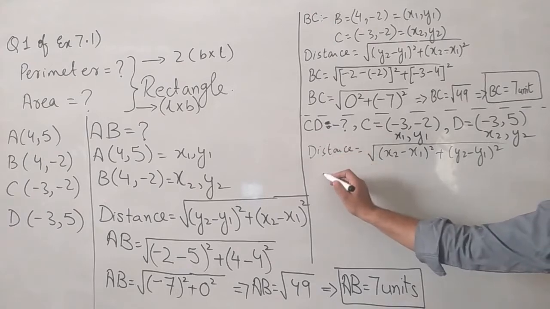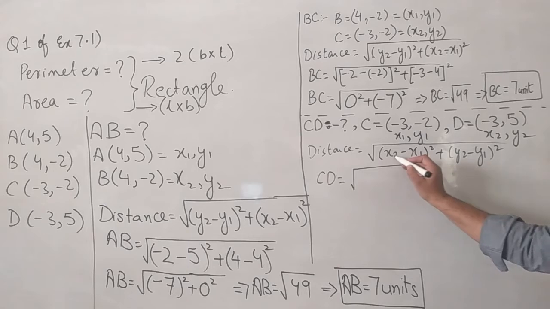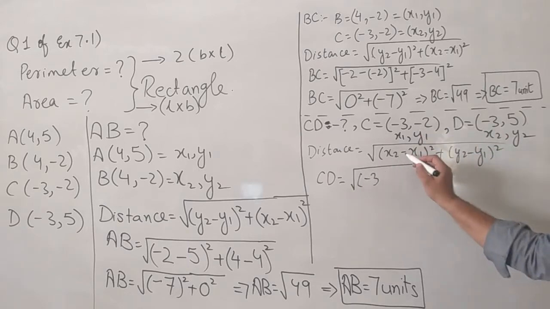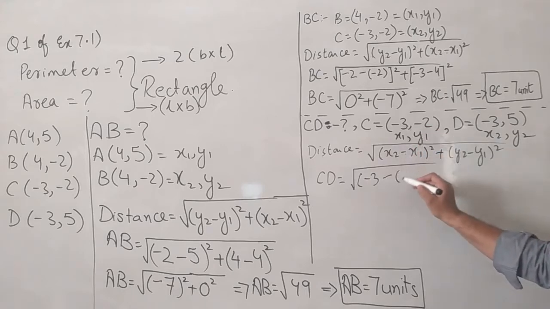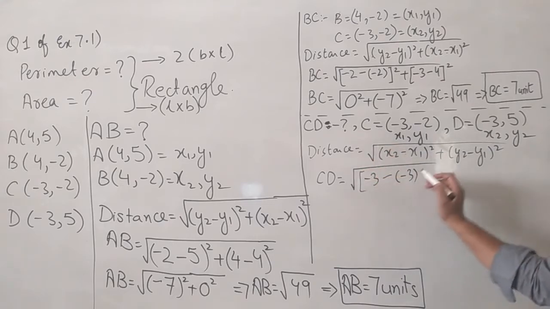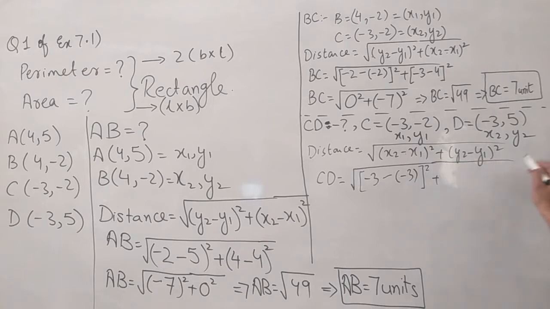The distance I have to find is between CD, under root x2. What is x2? Minus 3, minus sign of the formula. Then x1, what is x1? Minus 3 whole square plus sign y2, what is y2 given? 5 minus y1.